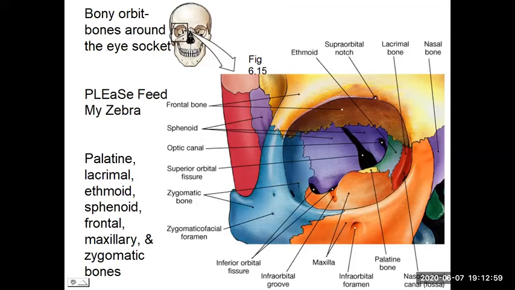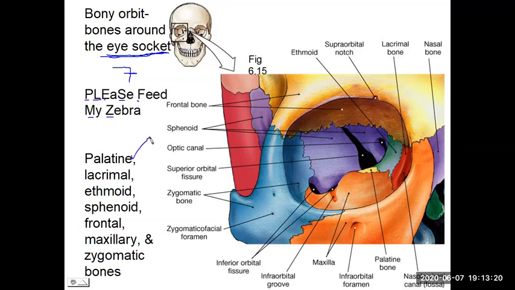The term bony orbit refers to the bones that make up the eye socket, and it's a total of 7 bones that contribute. And here was a mnemonic that I learned for this, please feed my zebra, and that spells out right here.